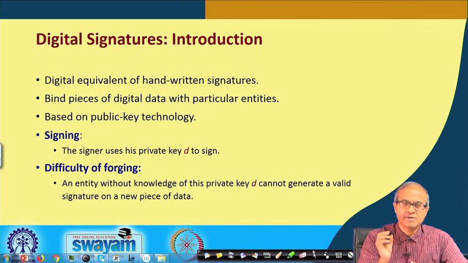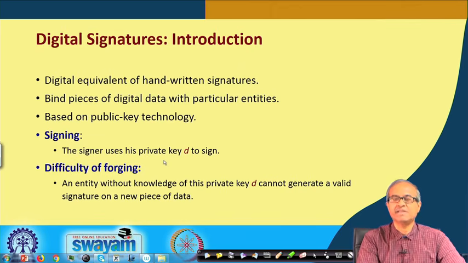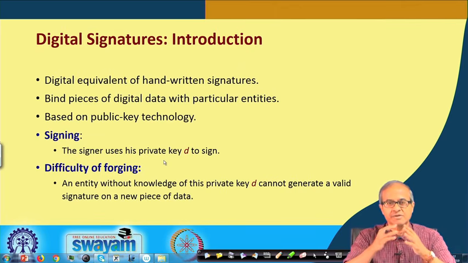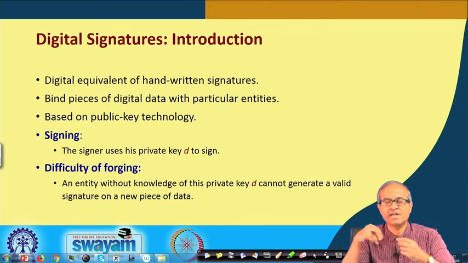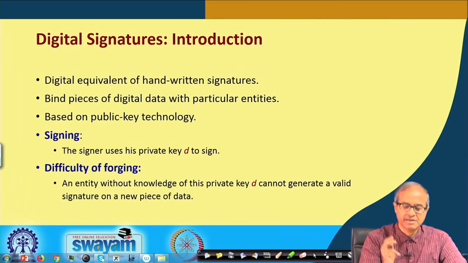Now, digital signature technology is based on private key technology, because of the nice property of public key algorithms like RSA we have seen. So, if I sign with my private key, then anyone in the world can decode it using my public key. Okay? That is the good thing.